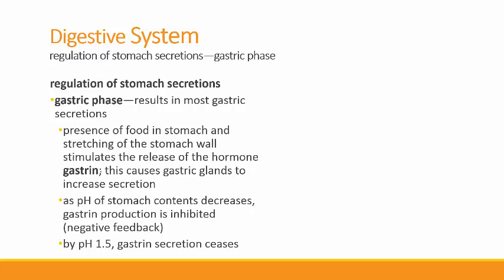So we stop producing the stomach secretions once we have a sufficient amount in there. And gastrin is what tells us that we are done needing to secrete. When we stop secreting gastrin, then we very much reduce the production by the stomach glands.